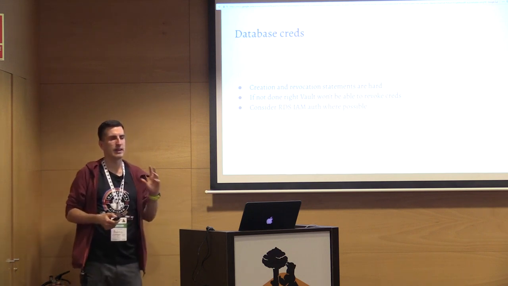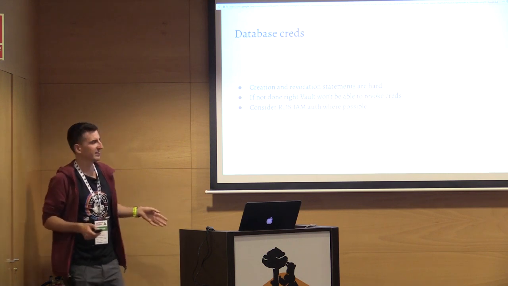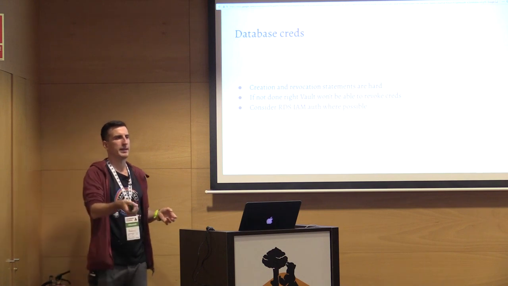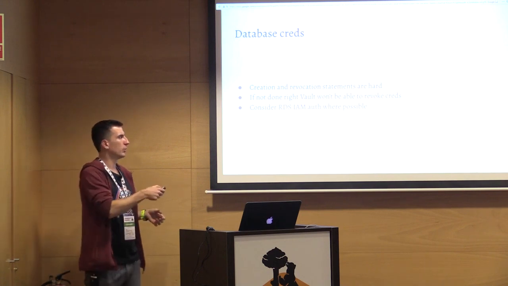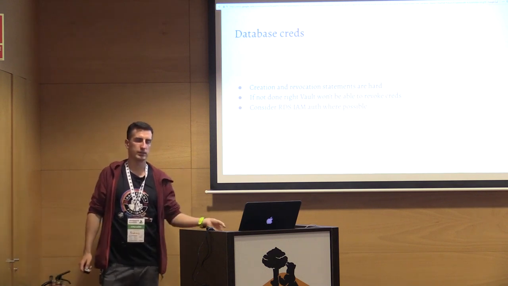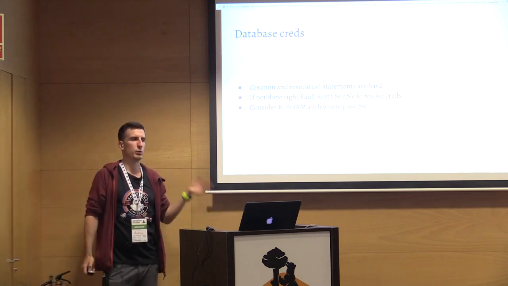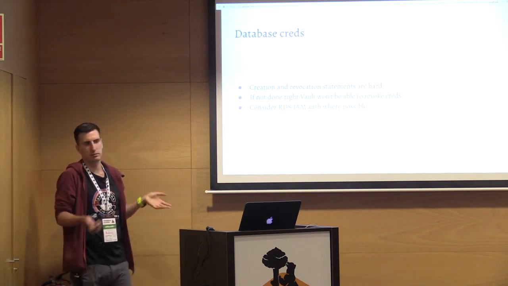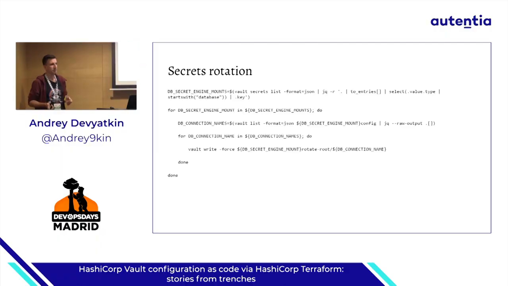If you have some other means, I would suggest considering something else. For instance, RDS IAM. If you have temporary AWS credentials, you can use those credentials to sign in to the RDS instances and get the same benefits. You will still have audits through CloudTrail, and it's still ephemeral credentials.